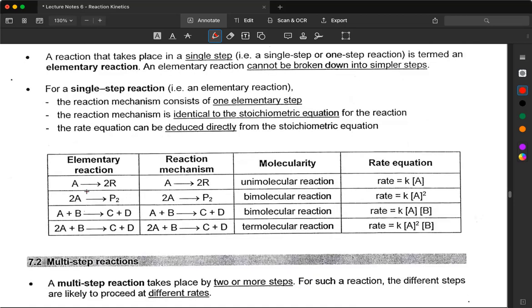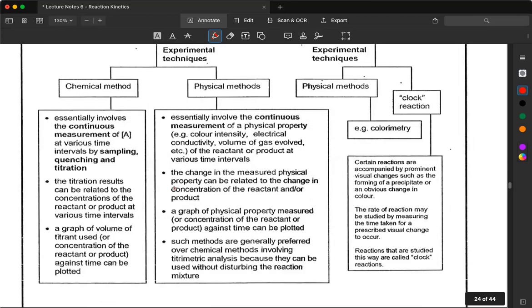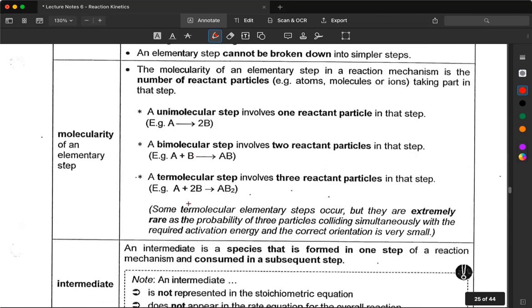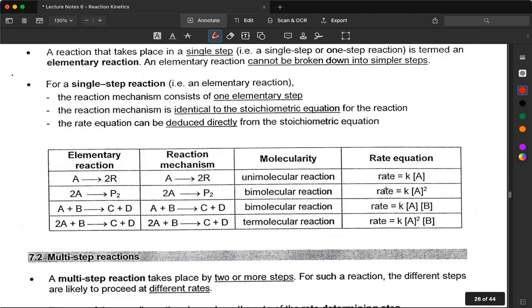So let's say A becomes 2R, then the mechanism is unimolecular, which means one reactant particle involved.